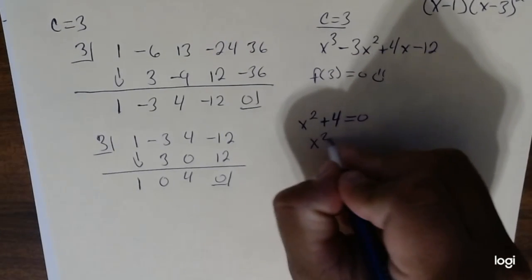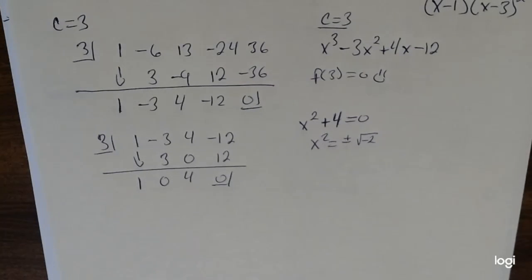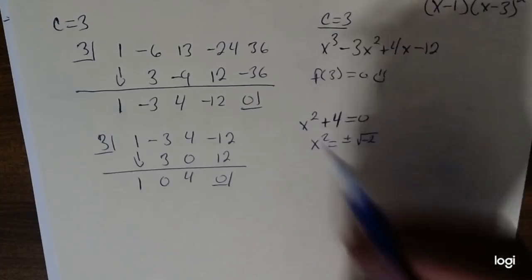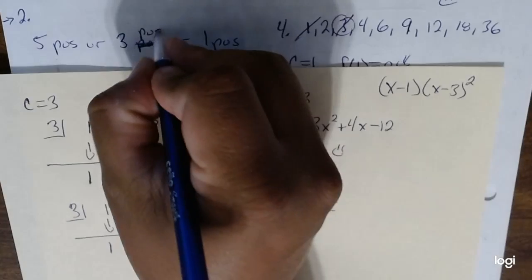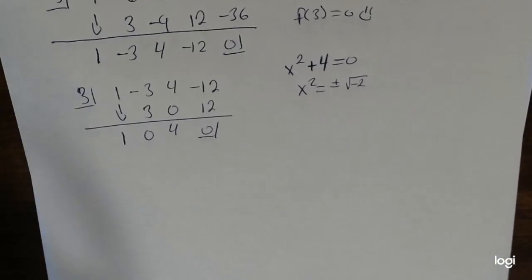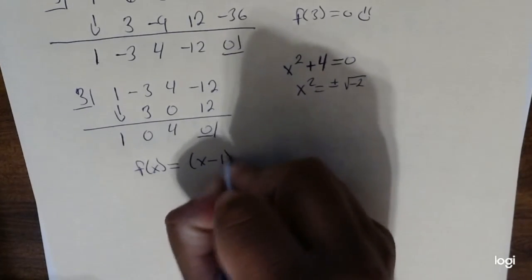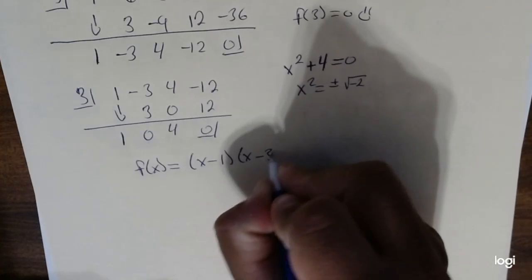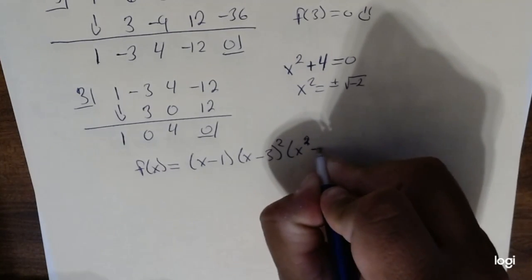It's imaginary, so we have to leave it just like that. Notice we had 3 positive roots, so we were actually in this scenario. These are imaginary roots. So our actual polynomial broken down is going to be x minus 1, x minus 3 squared, and also x squared plus 4.